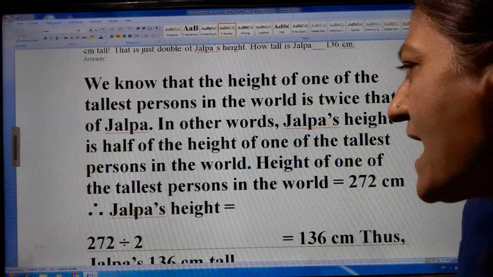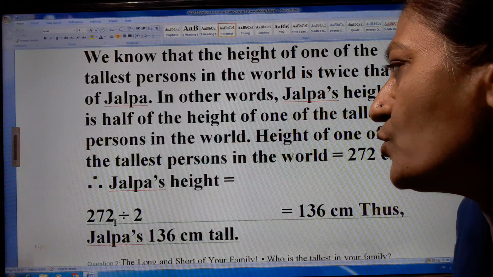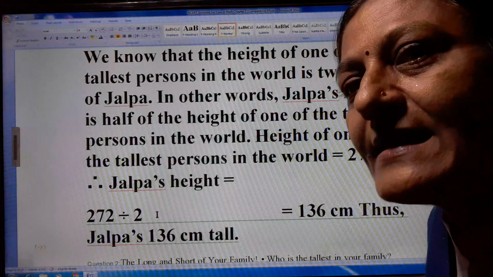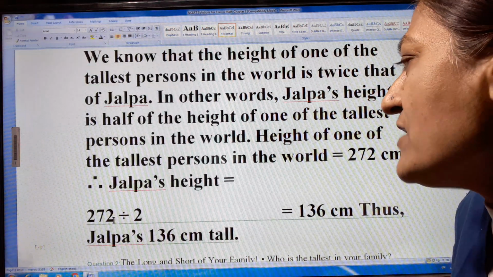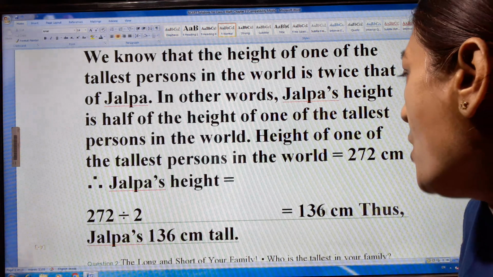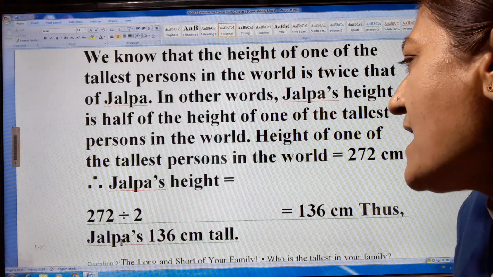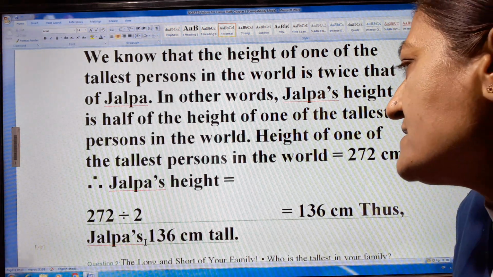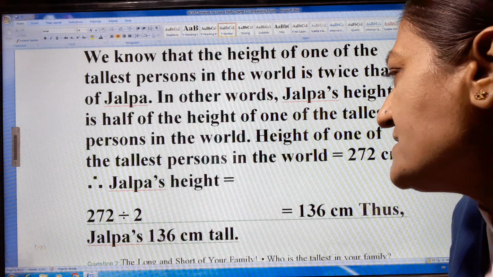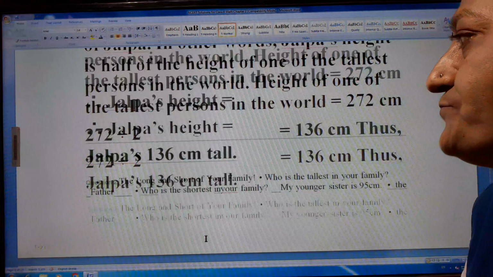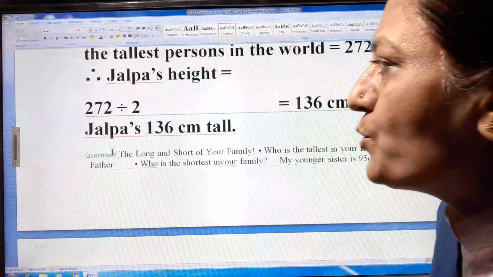So Jalpa's height is equal to 272 divided by 2, because exactly half is there. And 272 divided by 2 is equal to 136 centimeter. Thus Jalpa is 136 centimeter tall.